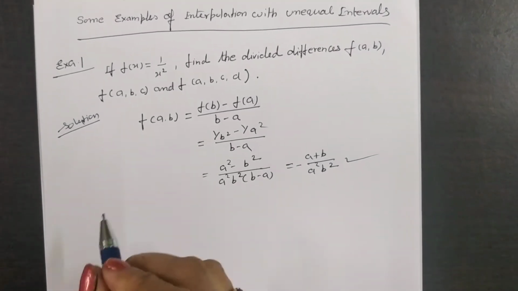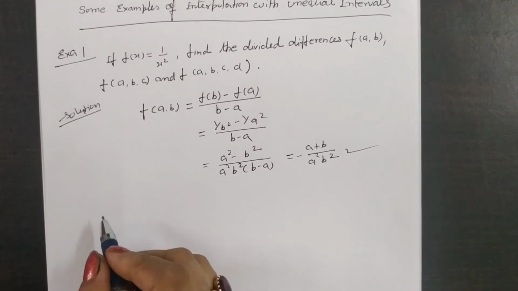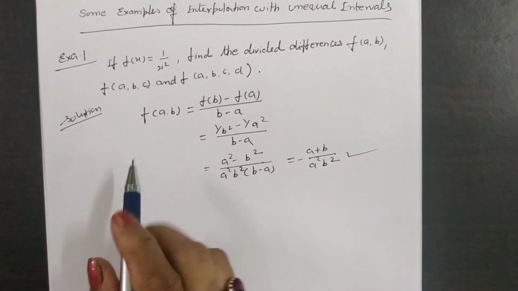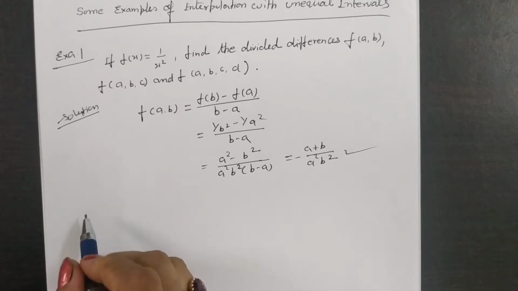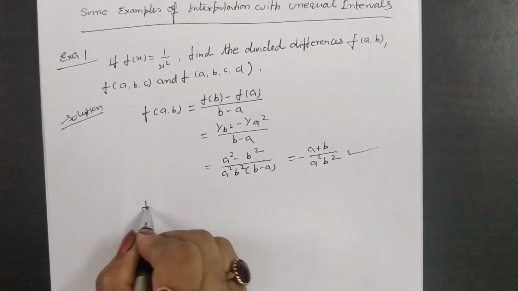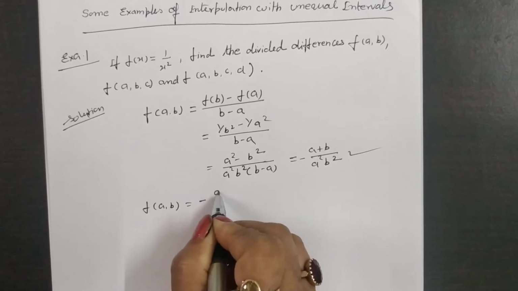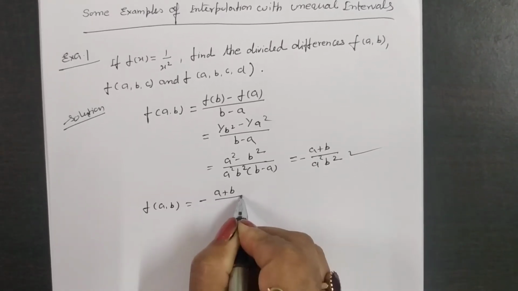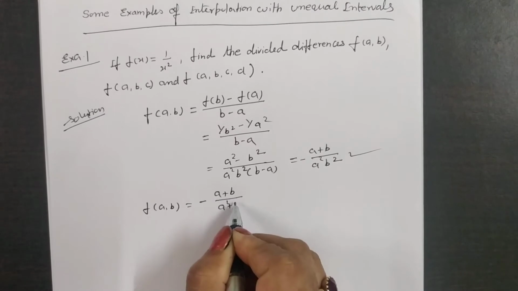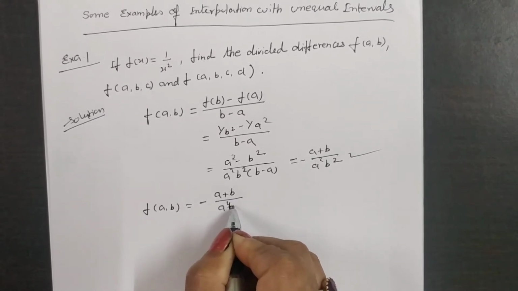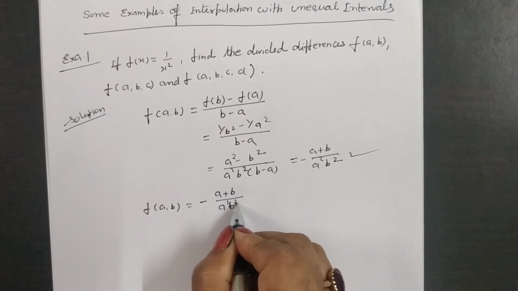Similarly, you have to find f[a,b,c]. Actually, in f[a,b,c], here we have f[a,b], which is equal to minus a plus b divided by a square b square.